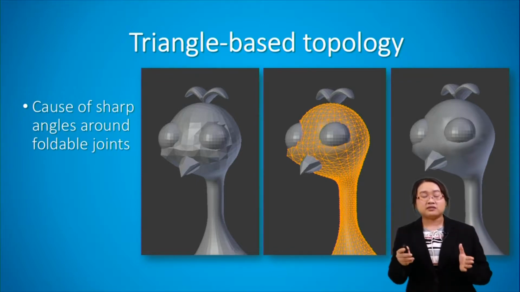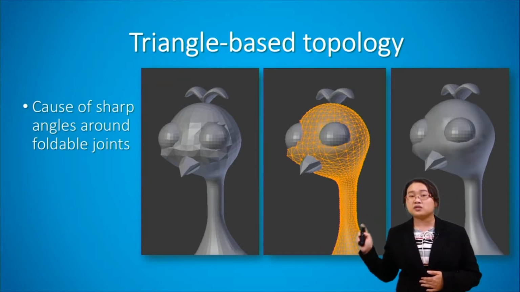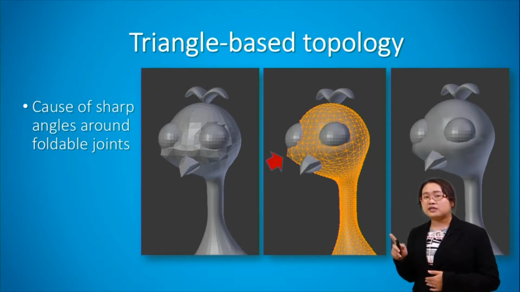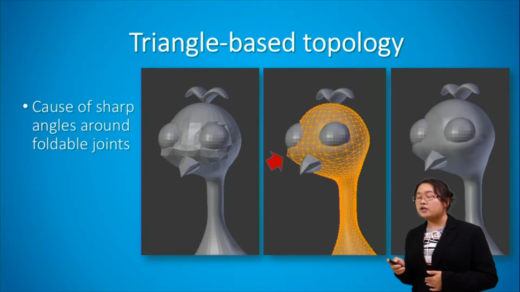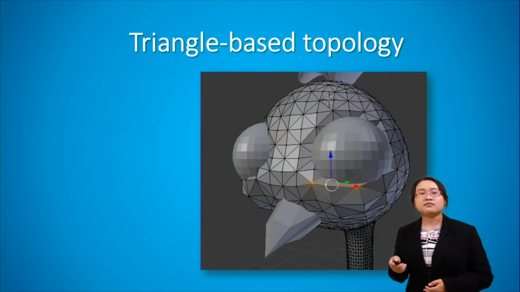You can see that the sharp edges are quite clear, but once you try to smooth it out, like in the right picture, you still have this problem. Like this, you can see that there is a sharp edge point on the mesh. It affects the raw model, and it also affects it even when you try to smooth it out. That's why in computer animation, we try to avoid triangular-based topology.